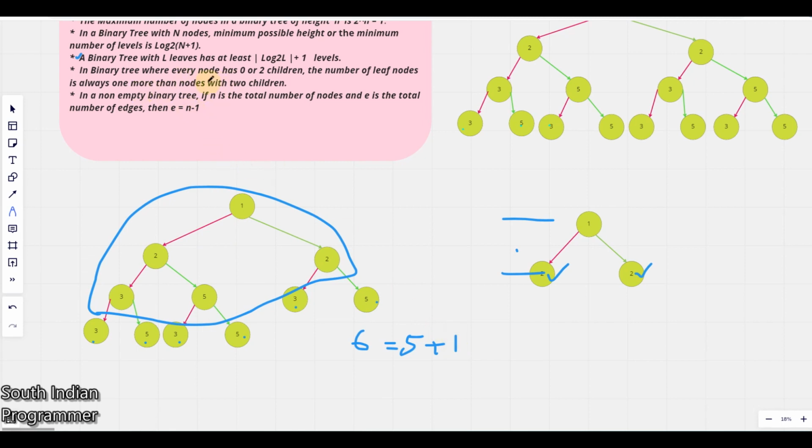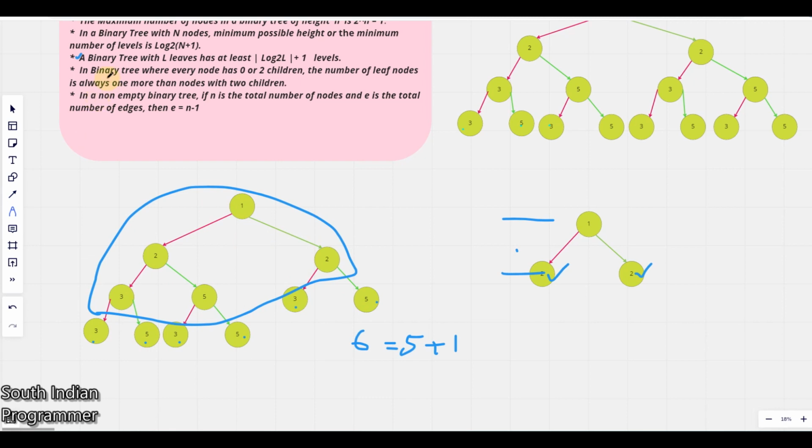That's what this statement is. In a binary tree where every node has 0 or 2 children, the number of leaf nodes is always one more than the nodes with 2 children. These nodes have 2 children and these leaves have 0 children, so the leaf count is always the internal node count plus 1.